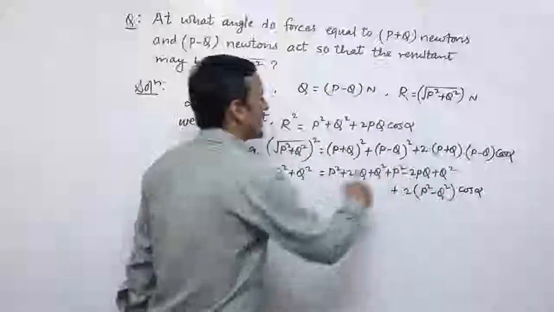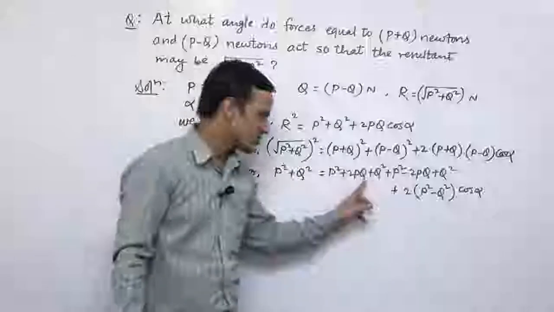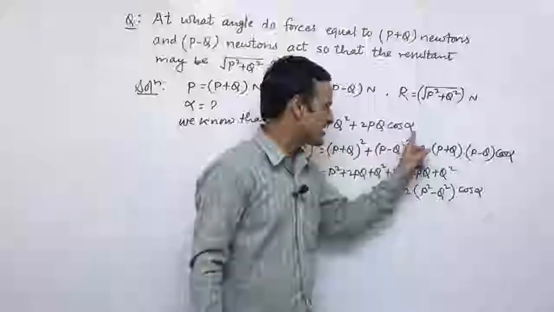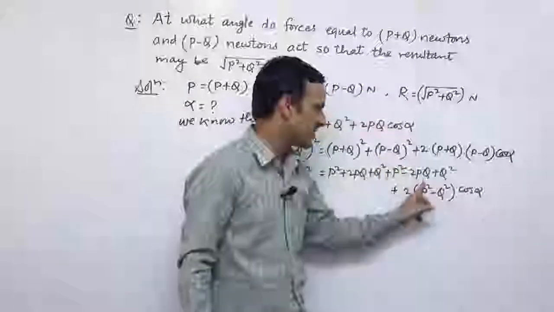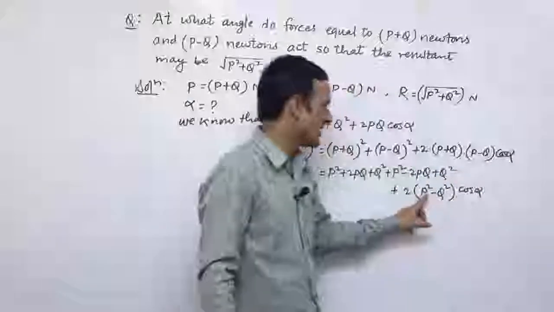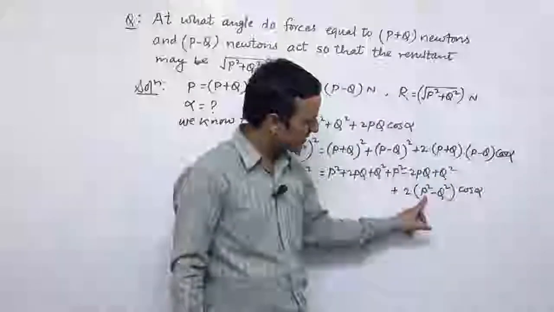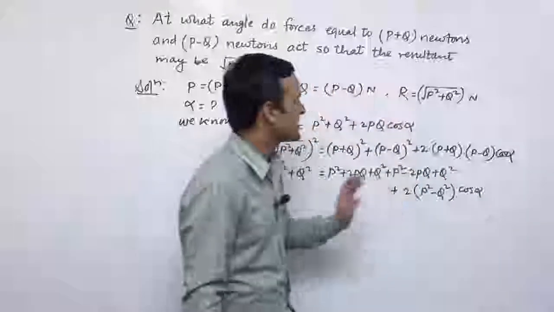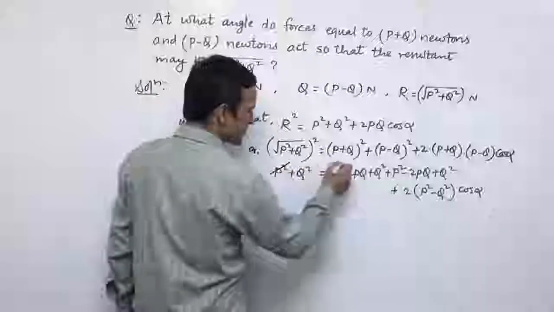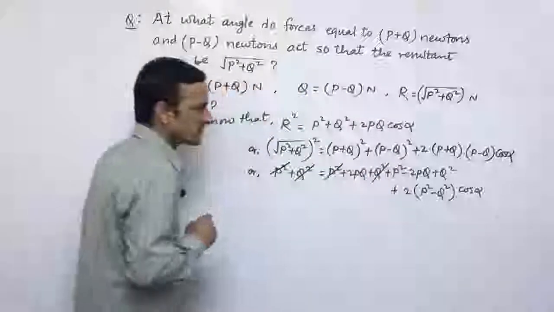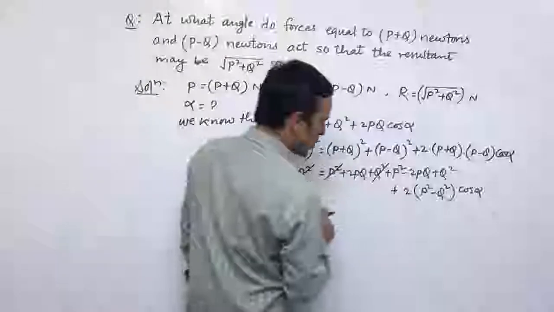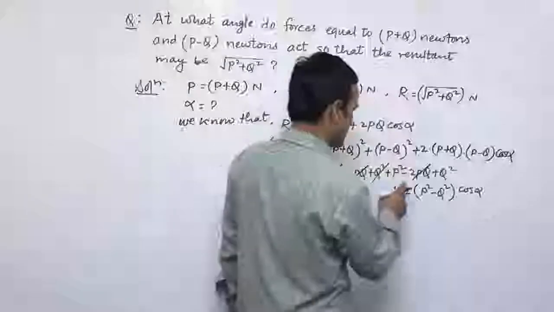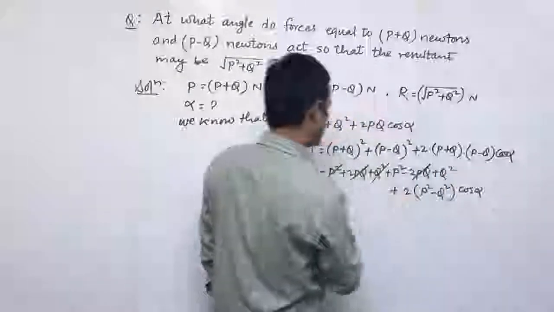P square plus 2PQ plus Q square is the formula of A plus B whole square, and this is A minus B whole square. A plus B times A minus B directly gives A square minus B square, that is P square minus Q square. Cos alpha and 2 are the same. So we can cancel P square, Q square, and 2PQ. The terms remaining are P square and Q square.